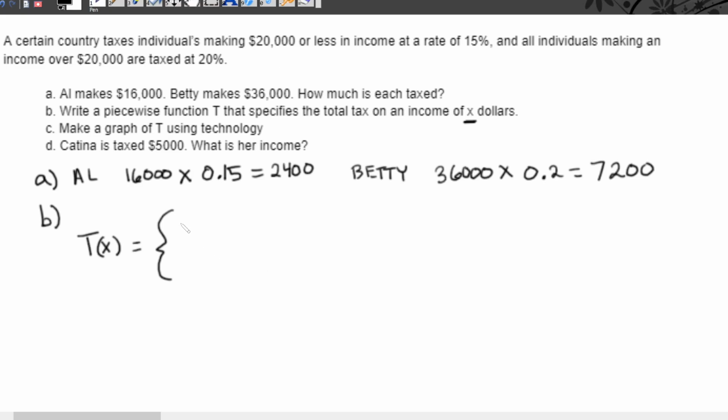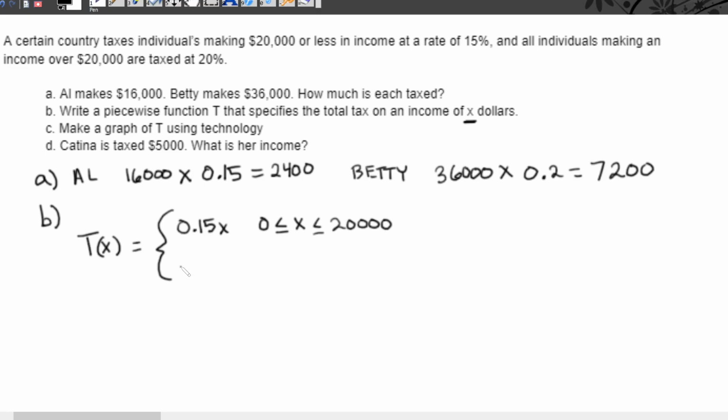So those people will be taxed at a rate of 0.15x, so times their income, and the domain for that salary rate would be x being anything greater than or equal to 0, but anything less than or equal to 20,000.